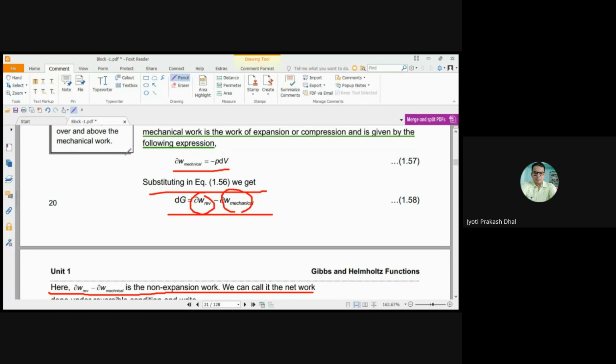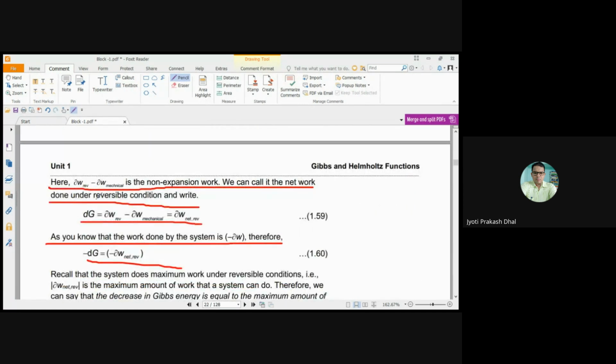So when you remove the mechanical work part from the complete work, δW reversible minus δW mechanical becomes non-expansion work, because δW mechanical is expansion work. Here we are removing expansion work from the total work, and hence this term of work is called non-expansion work, and hence we call it net work under reversible condition.